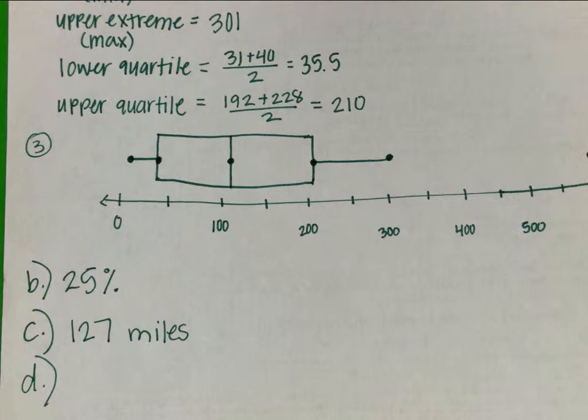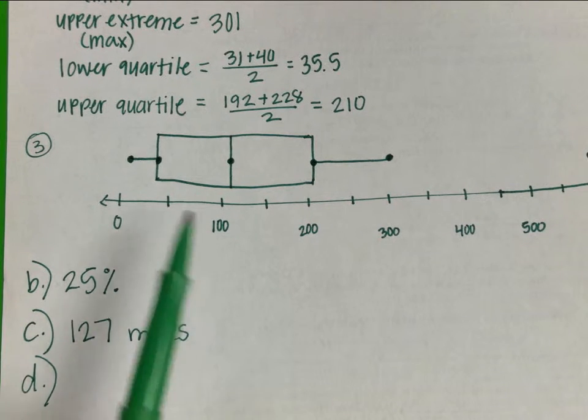D is where it gets a little tricky. Not really tricky, you just got to think a little bit more about it. D asks to write a sentence describing what the length of the Box and Whisker plot tells about the number of miles of coastline for states along the Atlantic coast. So you're kind of looking at that box and trying to come up with some type of sentence that describes that Box and Whisker. Okay?